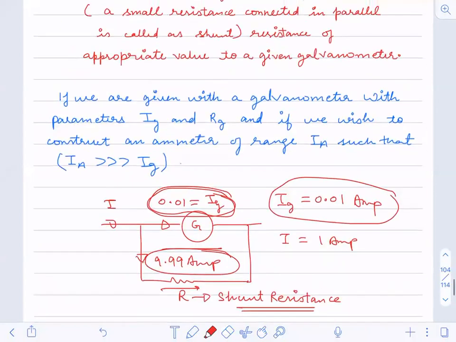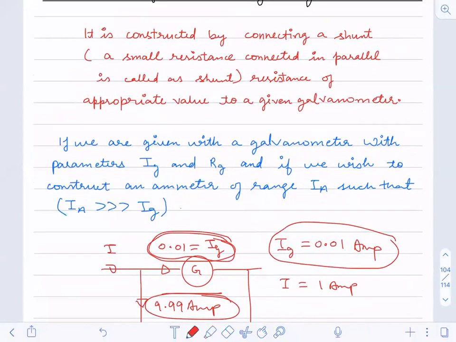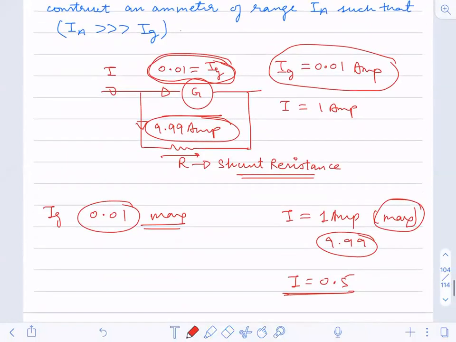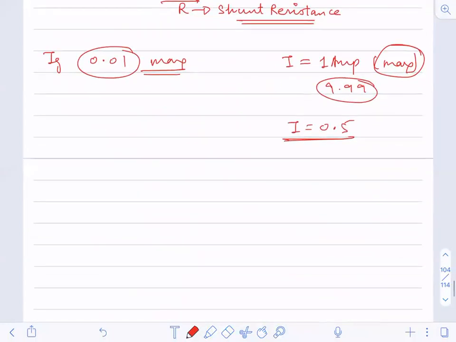Now, if you are given a galvanometer with parameters Ig and Rg, these being the values of the galvanometer, and we wish to construct an ammeter of range Ia such that Ia is greater than Ig, I will draw the figure for you.